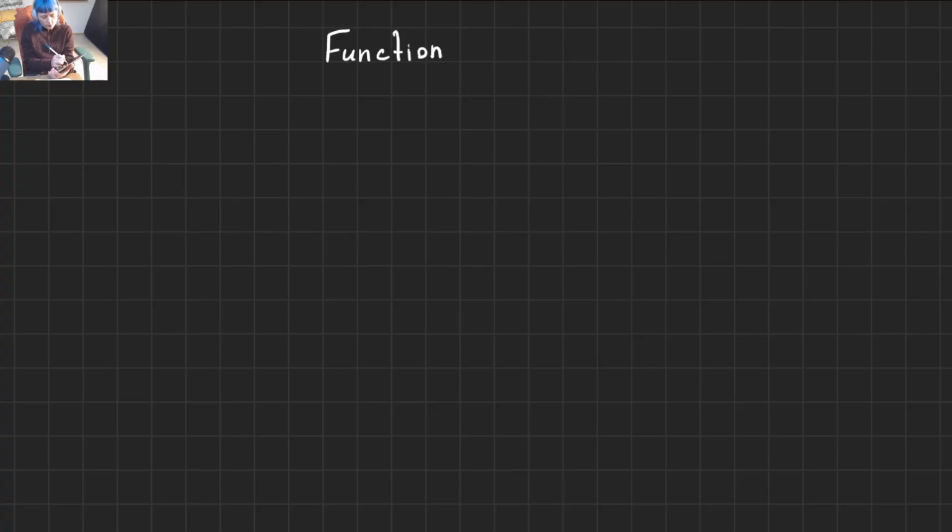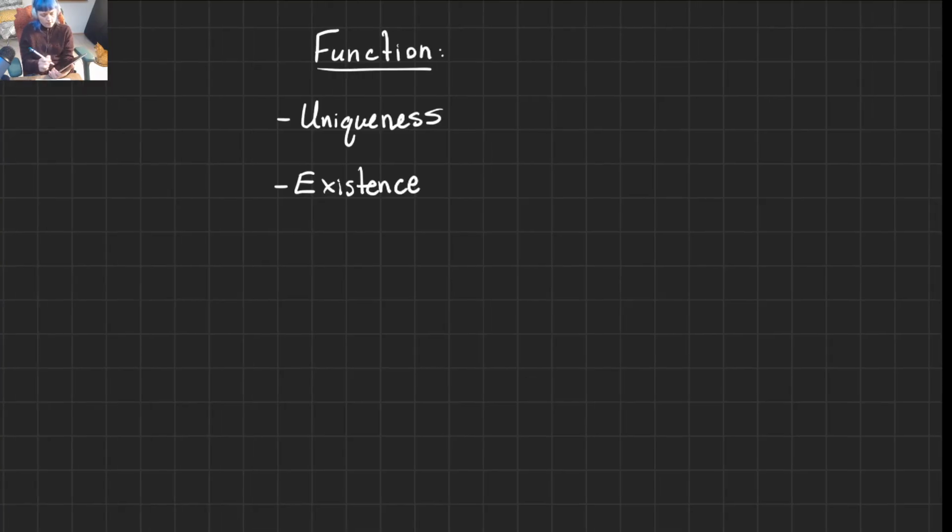we need to determine that it has the property of uniqueness and existence. And then if it does have both of those, we need to determine if a function is bijective or not, usually because if it's bijective, then we know that there's an inverse to the function, which is really useful.